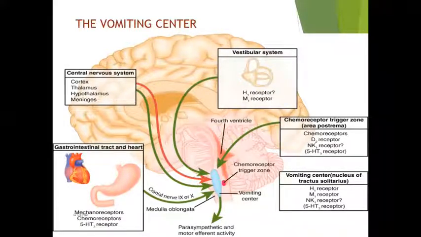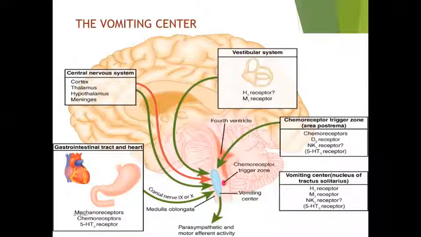Then the actual vomiting center contains other receptors. So you have the H1 receptor, M1 receptor, NK1 receptor, serotonin receptors. These receptors can be stimulated by neurotransmitters, and the neurotransmitters are being released by the neurons that are communicating with the vomiting center.